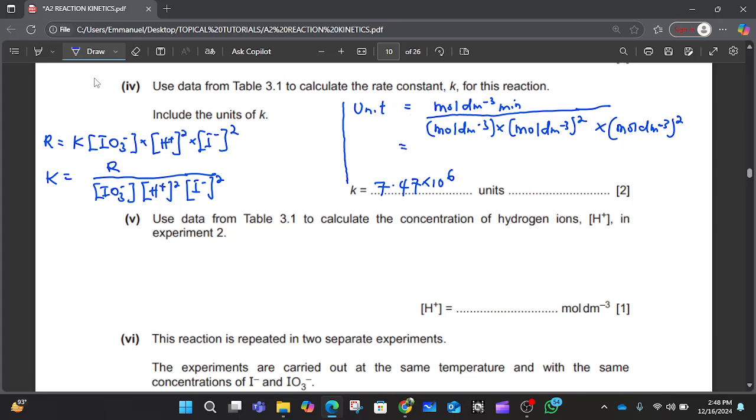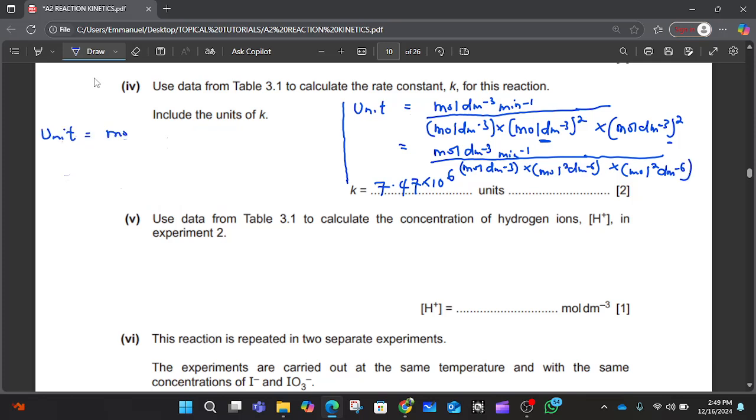So it means that we get mole decimeter minus 3 per minute divided by mole decimeter minus 3, times this one gives us mole squared decimeter minus 6, times this one also gives us mole squared decimeter minus 6.